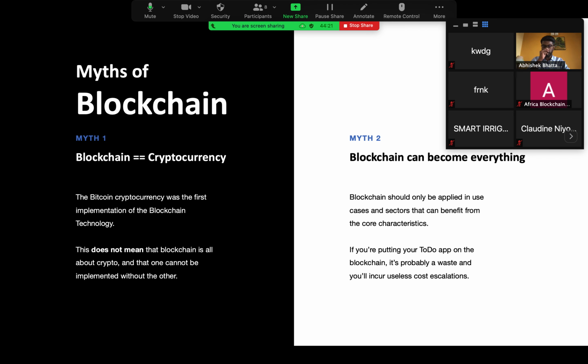So, if you take this example of putting a to-do app on blockchain, why would you even want to do that? There is no fraud being committed when we are talking about a to-do app. There is nothing that can create a corruption or collusion or scandal, or use one of the core characteristics of blockchain network in your to-do app, right? What are the core characteristics? We will anyway take a look, but let's say we all know by now, right?